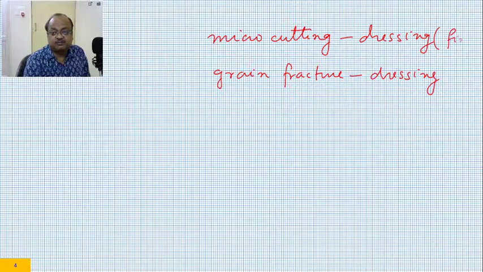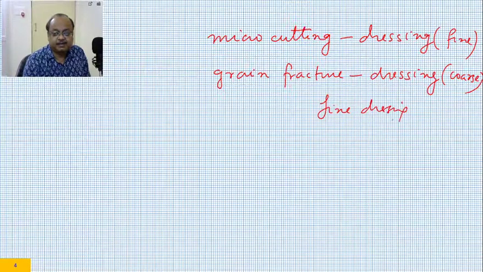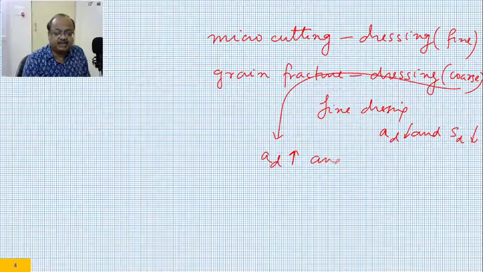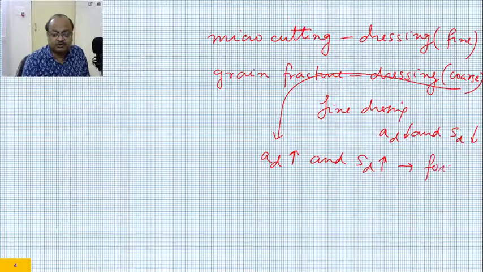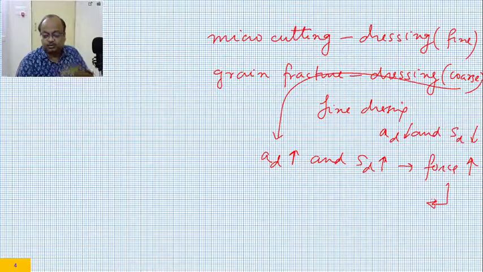Micro cutting is during fine dressing operation. Grit fracture is during coarse dressing operation. During fine dressing, your AD and SD would be less. Both of them would be less. During coarse dressing, your AD and SD would be large. If they are large, the force coming on the grit would be large, and that may lead to grit fracture.